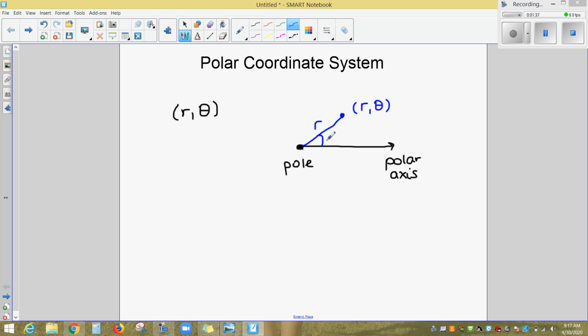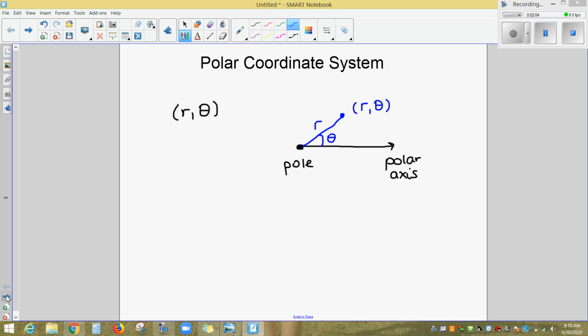Theta, we measure and talk about in the same way we've talked about theta all semester. Positive values if we are moving counterclockwise, negative if we go clockwise around the circle. Theta is the angle that we make with the x-axis, the polar axis in this case.